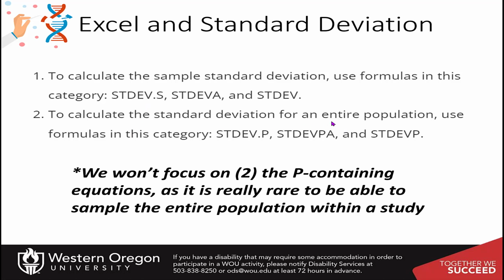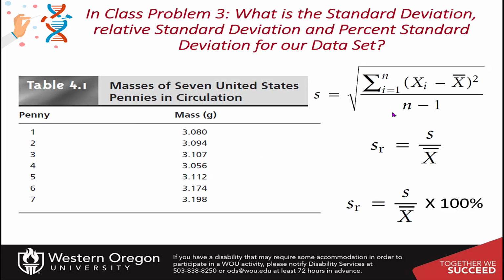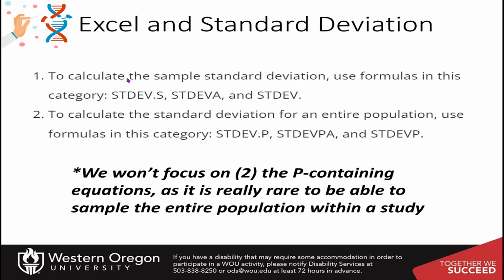If you have the entire population sampled, you can use stdev.p as the formula, but the .p version requires the entire population. That's going to correspond with the equation using just n rather than n minus 1. The stdev.s uses the n minus 1 version of the standard deviation, so it's going to be really rare to need to use the .p version.